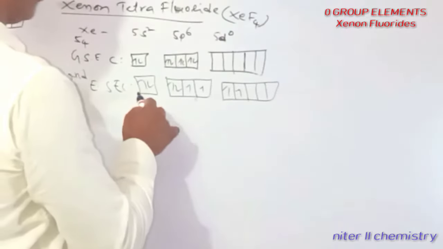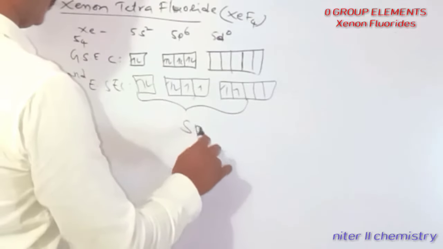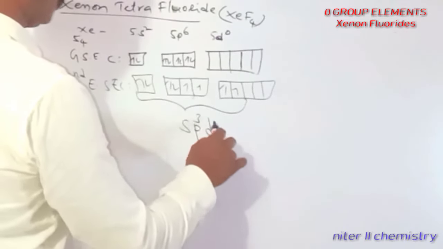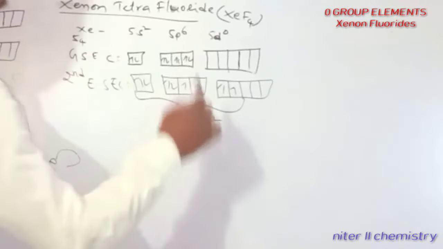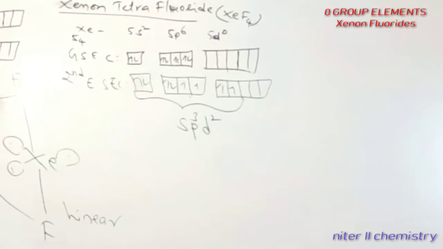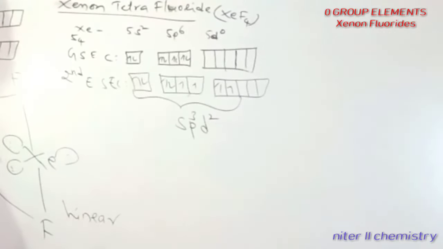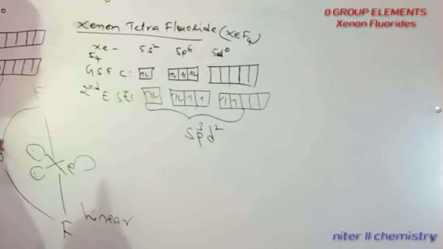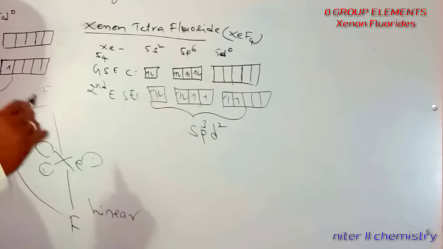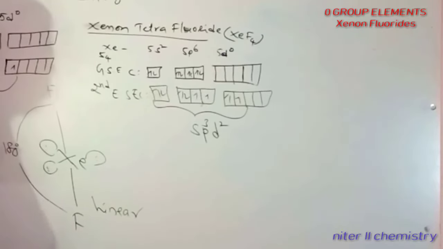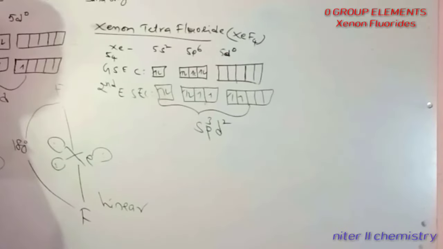In this state, xenon undergoes sp3d2 hybridization. How many sp3d2 hybrid orbitals are formed? Total 6 sp3d2 hybrid orbitals are formed. In these 6 hybrid orbitals, only 4 orbitals contain unpaired electrons.